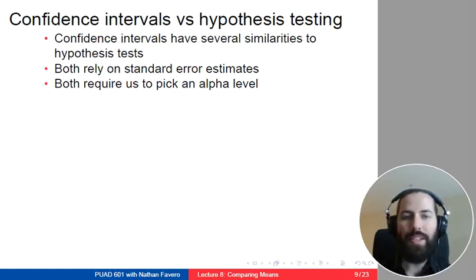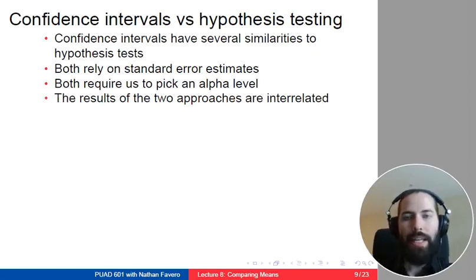In other words, we just subtract our alpha level from 1, right? 1 minus 0.05 gives us 0.95, and then we convert 0.95 to a percentage, 95%, to describe it in equal terms for a confidence interval. But we have to pick a confidence level or an alpha level before we can create a confidence interval or a hypothesis test.